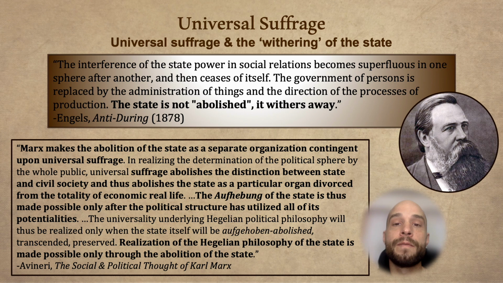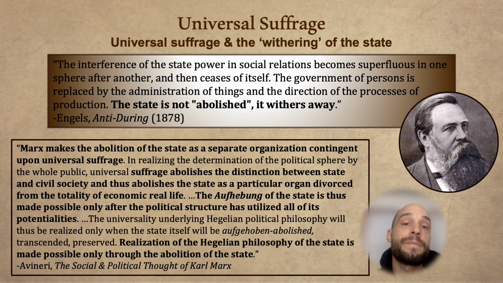The Aufhebung of the state is thus made possible only after the political structure has utilized all of its potentialities. The universality underlying Hegelian political philosophy will thus be realized only when the state itself will be aufgehoben: abolished, transcended, preserved. Realization of the Hegelian philosophy of the state is made possible only through the abolition of the state."